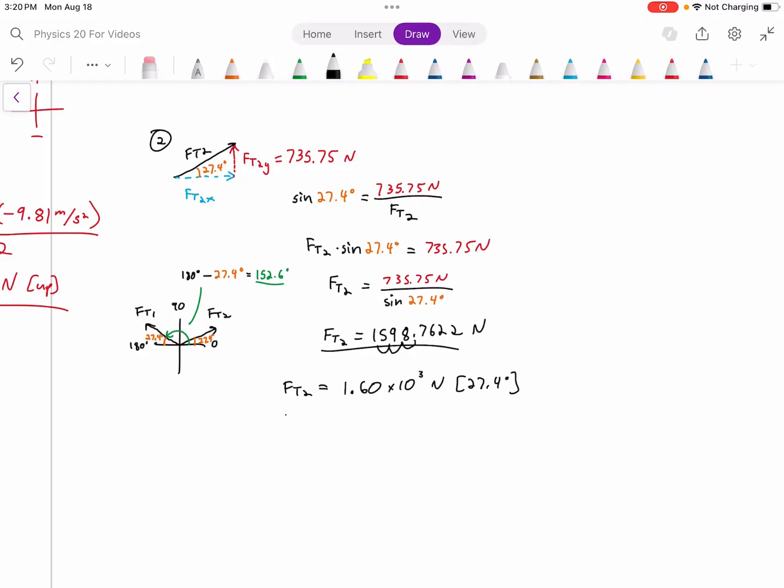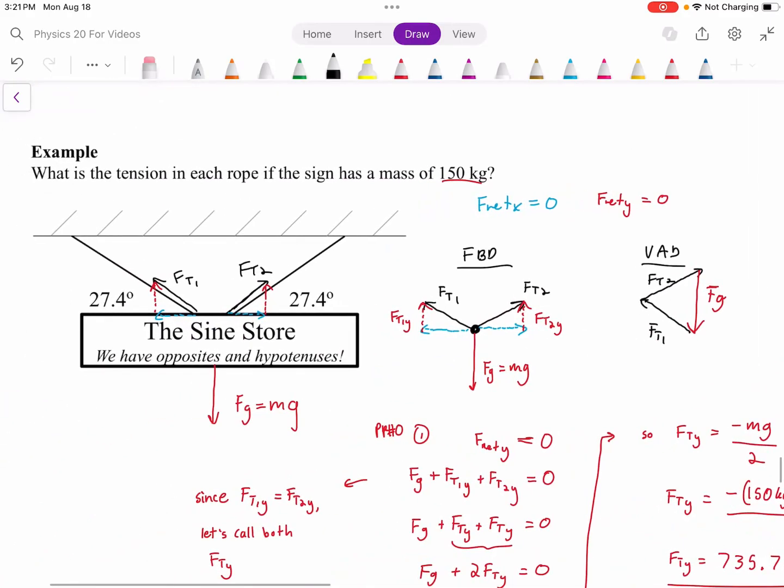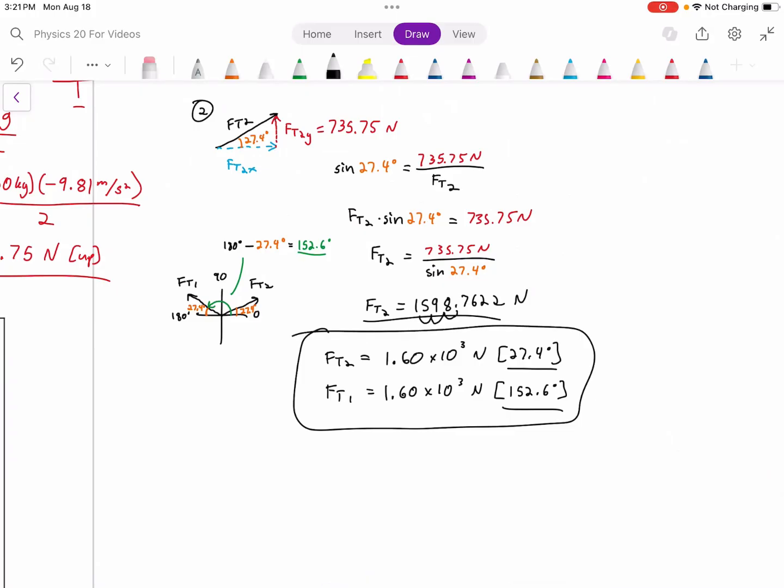Okay, for Ft1, exact same magnitude, just a different direction. Ft1 is off at an angle of 152.6 degrees. For my sig digs on my angles there, I'm just following the general rule that use the same number of decimal places you were given for the angle. So there we go. Those are the 2 forces of tension.